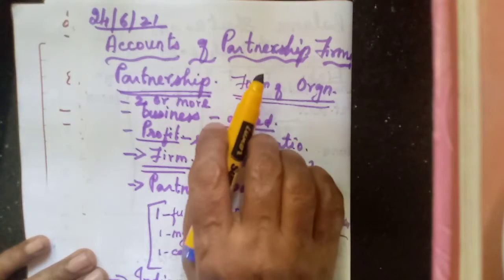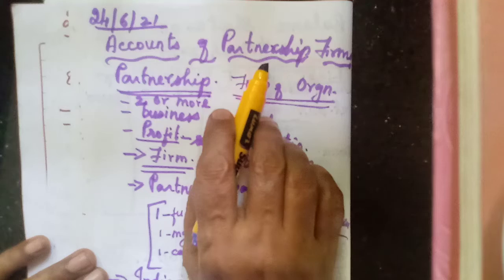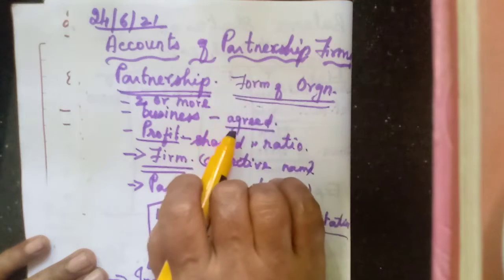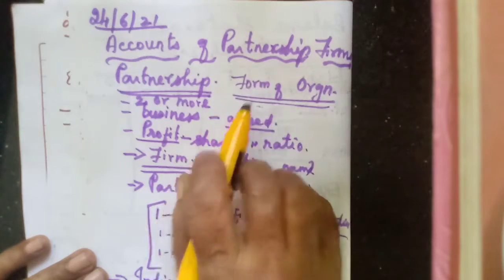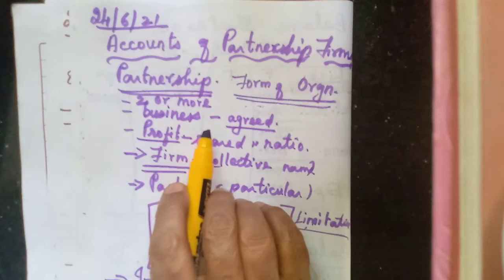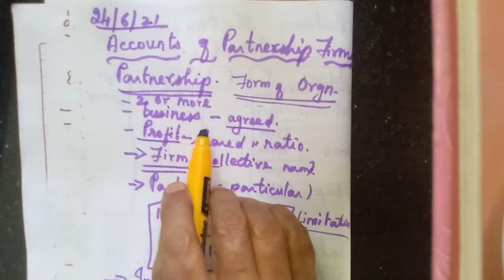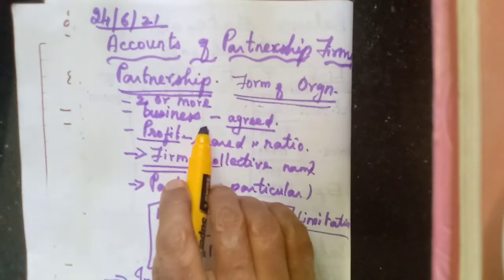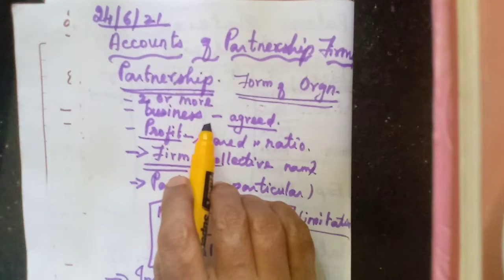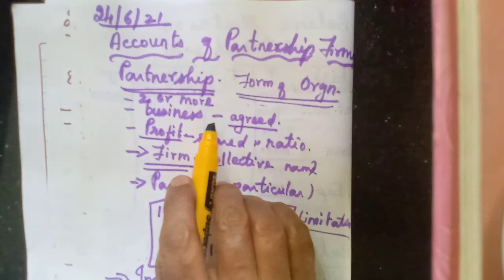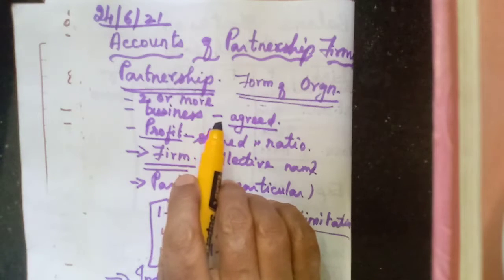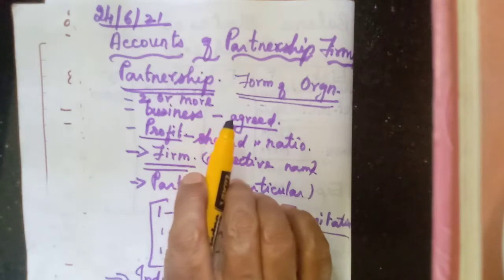Okay, so they will agree. That agreement is called partnership deed. They will agree about how much they have to contribute, that means the capital, and the profit sharing ratio, in which ratio they have to share, and then each partner's responsibility, their interest on capital, everything will be agreed.